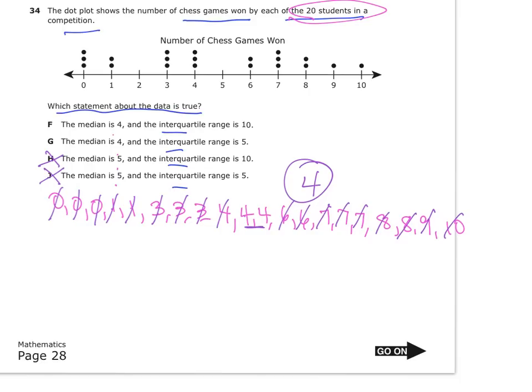Okay, so we found that the median is 4. It's right here. So then you're going to have to find the median of the lower half and the median of the upper half. It's easy. Same thing. Cross, cross, cross, cross, cross, cross, cross, cross. You're left with 1 and 3. What's halfway in between 1 and 3? 2. Okay, that's the median of the lower half.